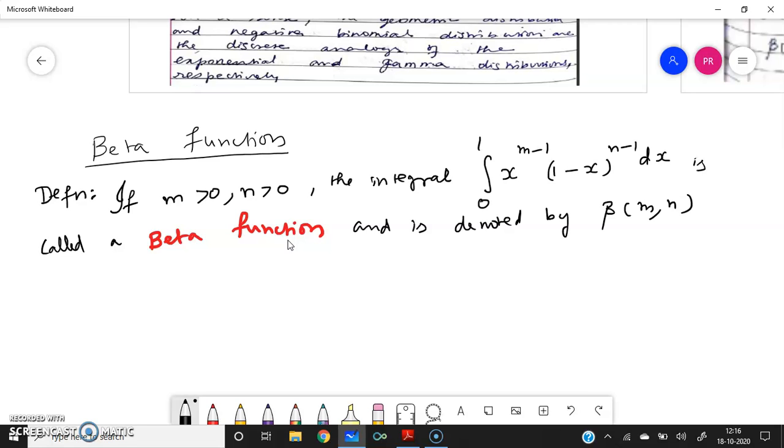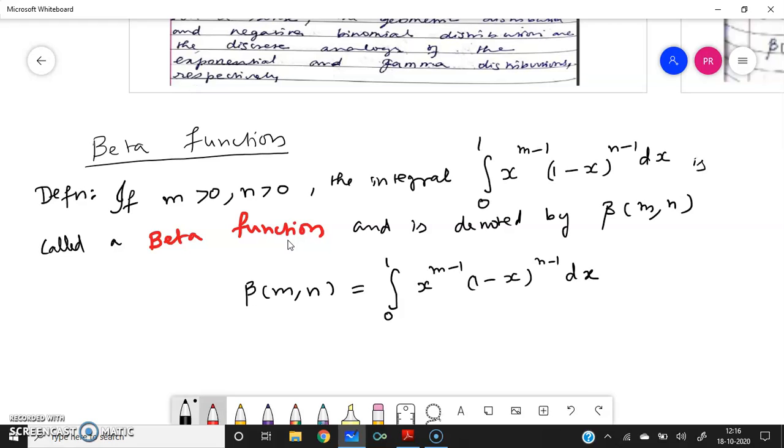What is this integral? The integral from 0 to 1 of x to the power of m minus 1, times (1 minus x) to the power of n minus 1, is known as the beta function. It is denoted by beta of m comma n. So beta of m comma n is the integral from 0 to 1 of x to the power of m minus 1, times (1 minus x) to the power of n minus 1, dx.